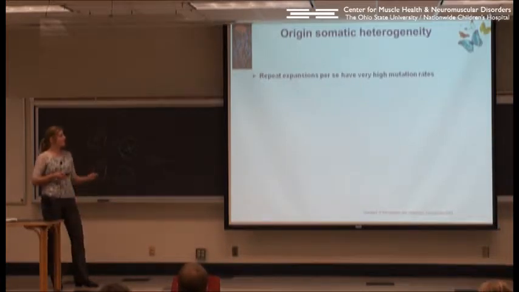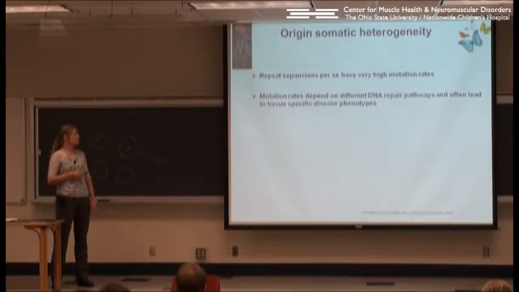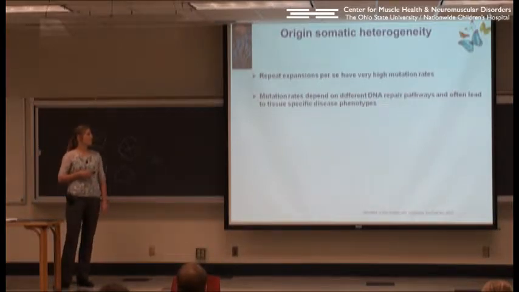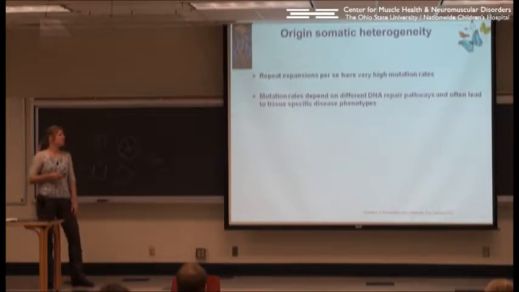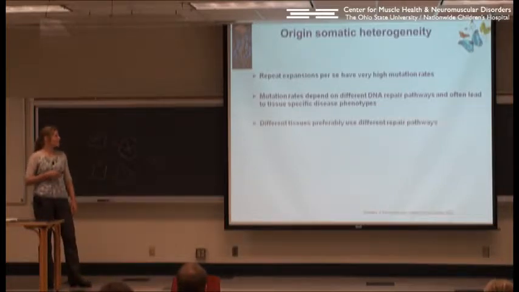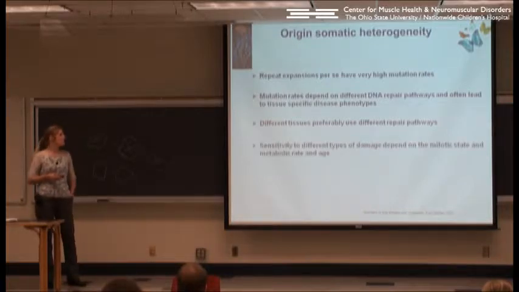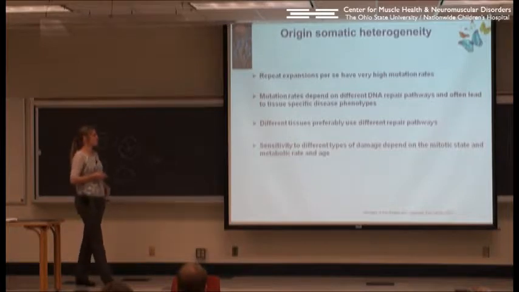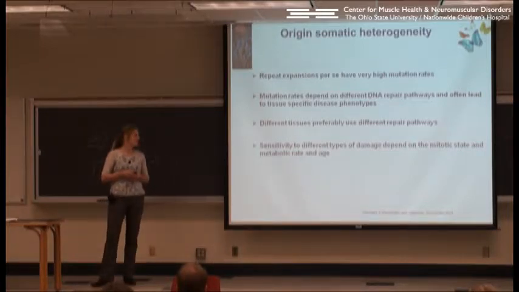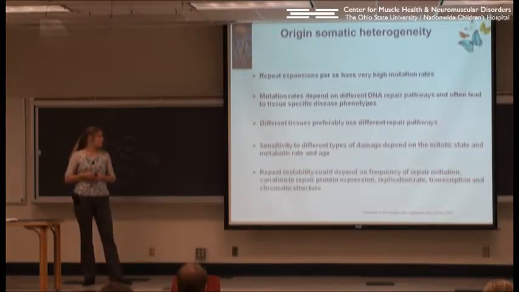So the repeat expansions per se have a very high mutation rate. The mutation depends on different DNA repair pathways, and it often leads to tissue-specific disease phenotypes. Different tissues preferably use different repair pathways, and the sensitivity to different types of damage depends on the mitotic state and also on the metabolic rate and age of the patient.